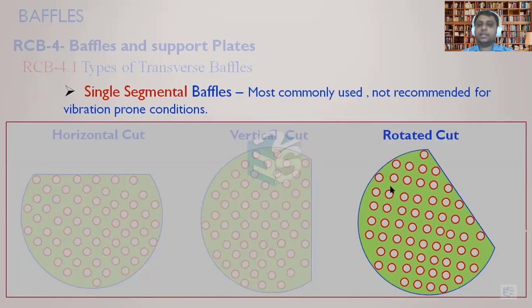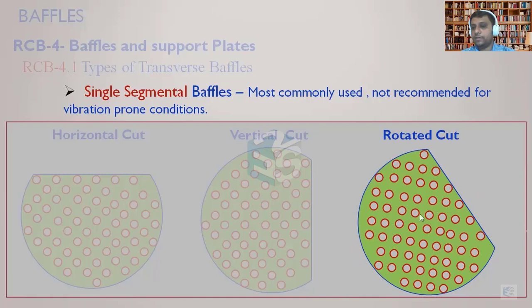Another cut is called the rotated cut, which is a 45-degree cut, or as per requirement any angle at which it will be inclined based upon the process requirement. So this is the rotated cut, horizontal cut, vertical cut, and the rotated cut.